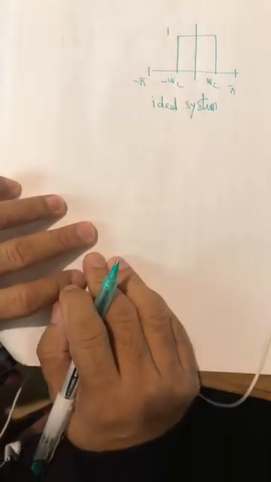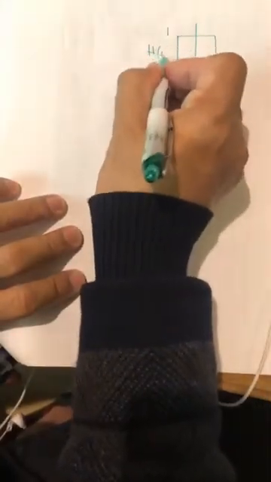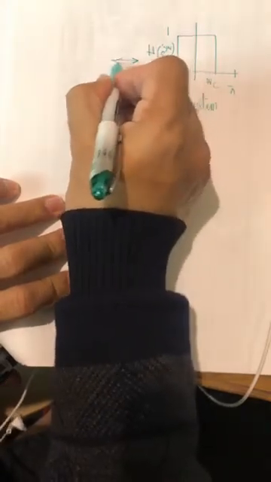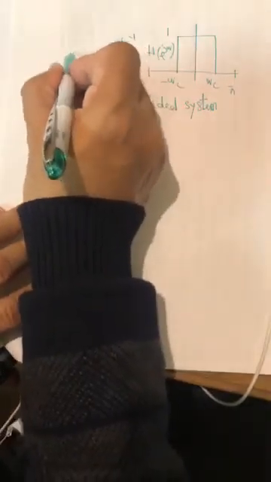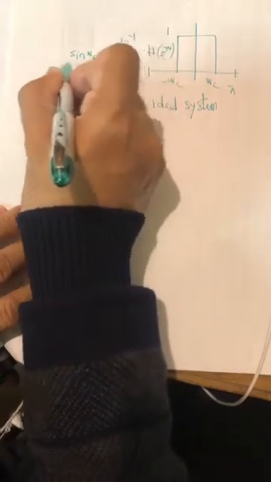It is h exponential j omega, and its inverse Fourier transform is sine omega c n over pi n.